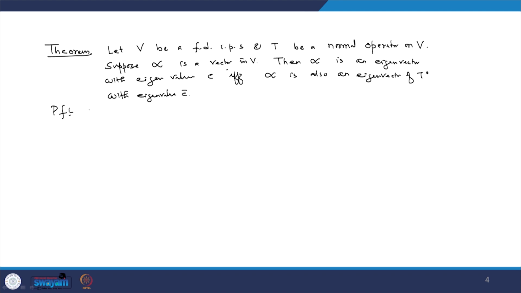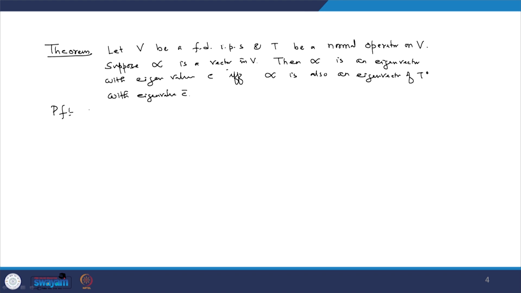Okay. So, now we want to replace the self-adjoint operator by a normal operator. In this case, let us quickly check: if we consider a normal operator T defined over a finite dimensional inner product space, and if alpha is an eigenvector of T with eigenvalue say c, then alpha will also be an eigenvector of the corresponding adjoint operator with the eigenvalue c bar. So, let us quickly prove this result.